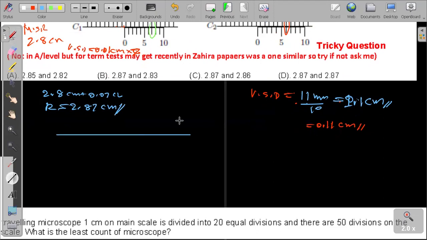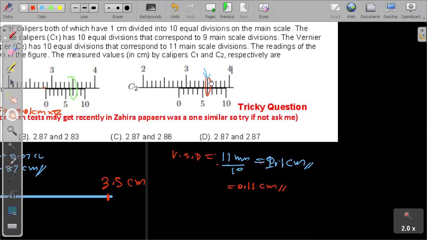This is the main scale line. Let me draw the divider. The stopping point here is 3.5 centimeter, right? Remember that it is 3.5 centimeter.